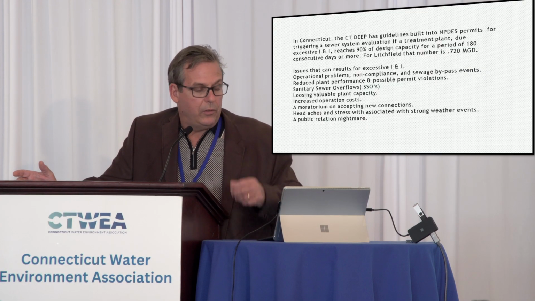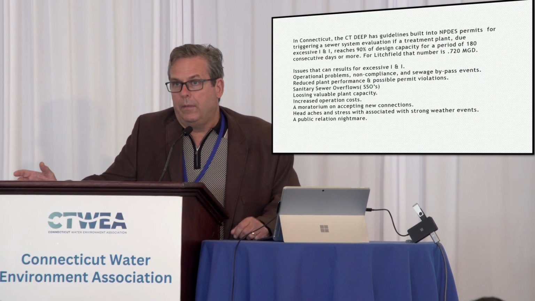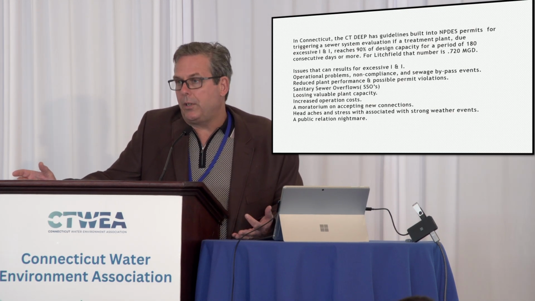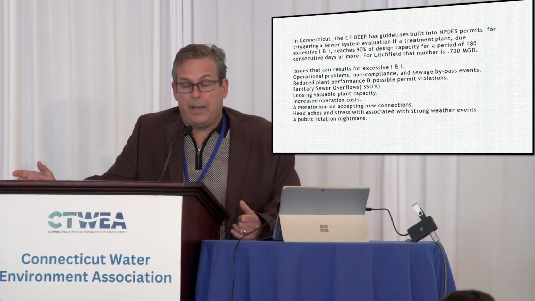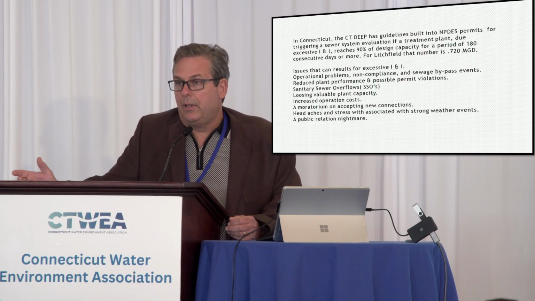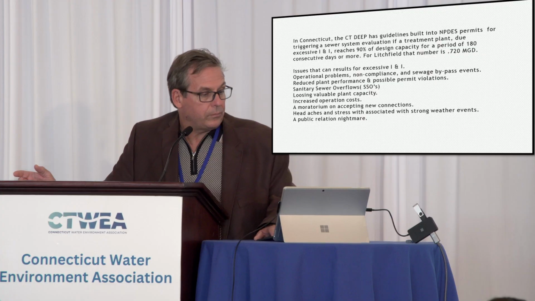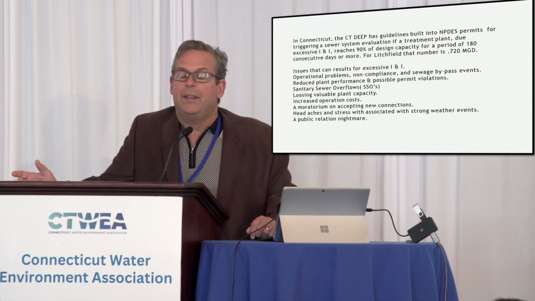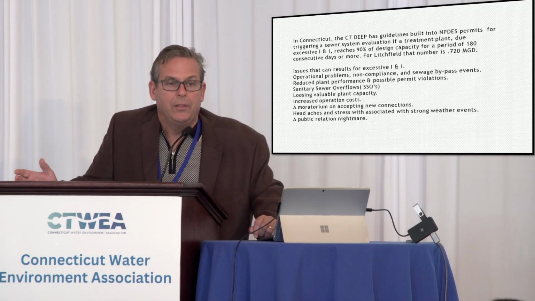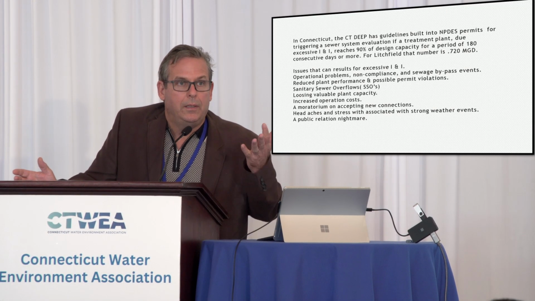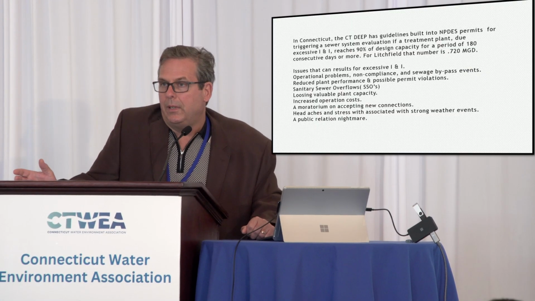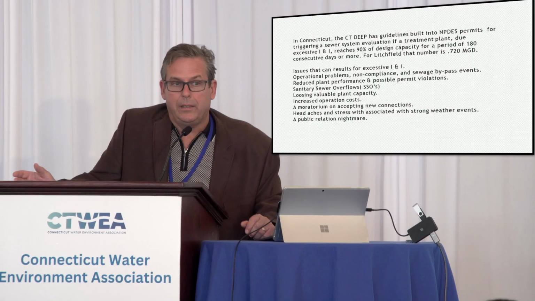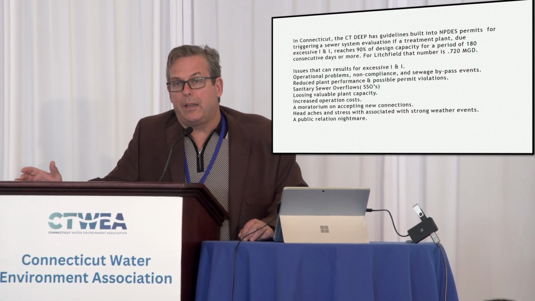And then, as Carlos mentioned, you can have moratoriums on future connections, which can be a public relation nightmare if a developer can't connect to your system because you are under a moratorium. And then, of course, if you have non-compliance events, it's a public relation issue. So the residents, with the Q alert system, if you have a sewer bypass or sanitary overflow, it's public knowledge, but you don't want those happening every time it rains.